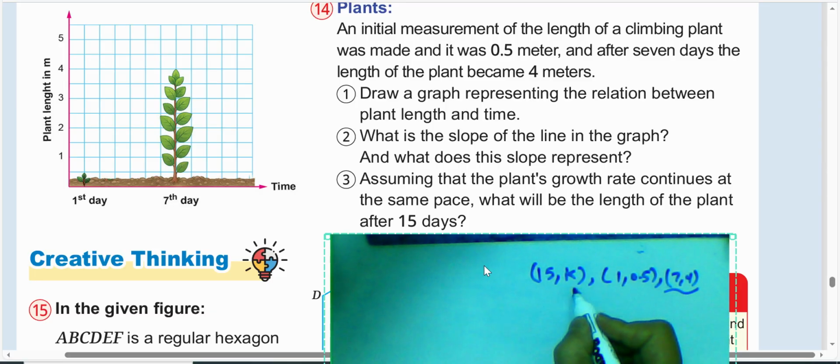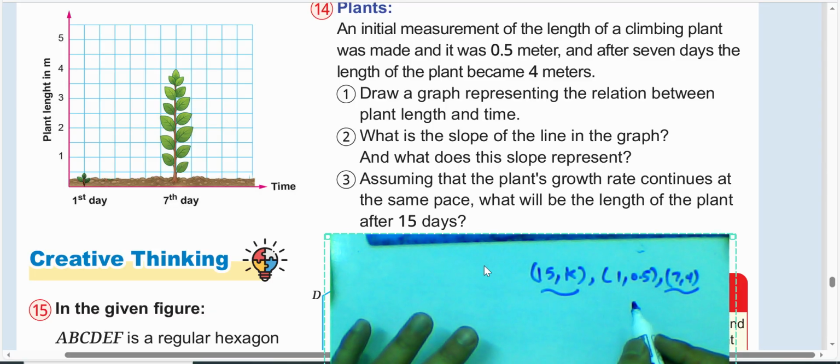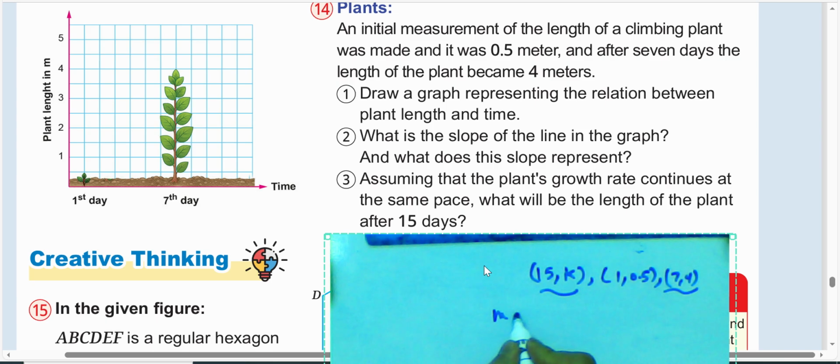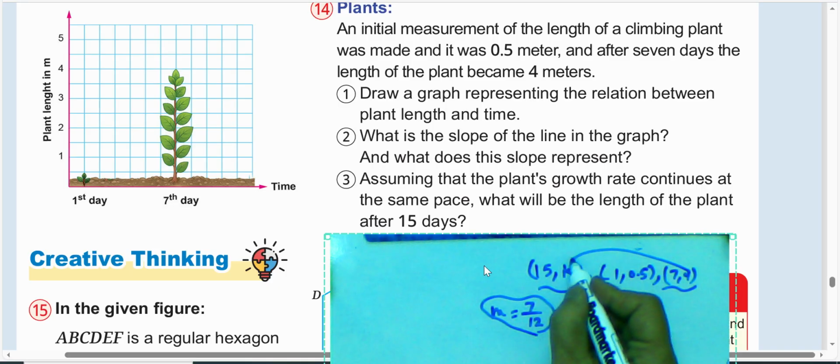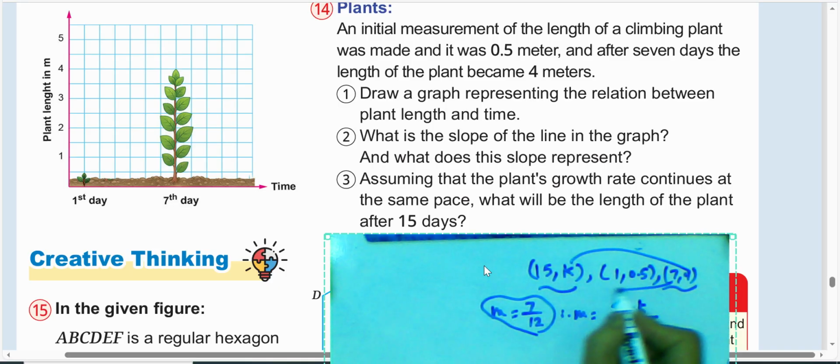Then you can find the slope between any 2 points. The slope is constant. The slope we know equals 7 over 12. It's constant, and the slope will be equal between any 2 points as well, like this: 4 minus k over 7 minus 15. The slope 7 over 12 is equivalent to 4 minus k over 7 minus 15, which equals negative 8.